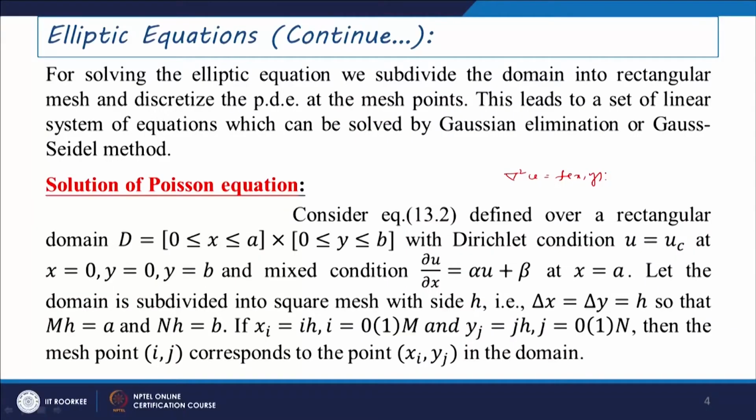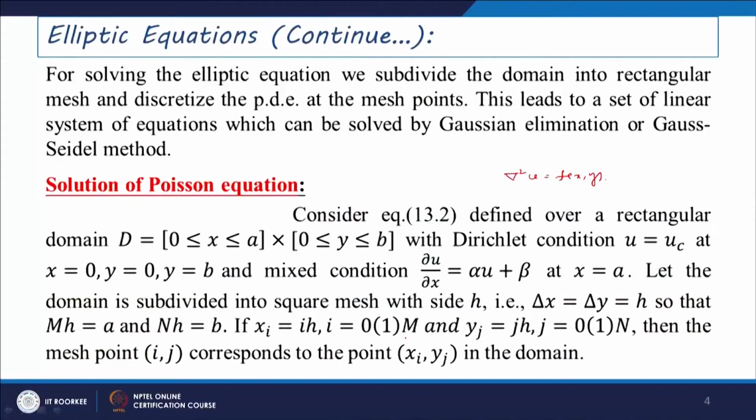Each of the independent grid points in the x axis is denoted as x i, which can be written as i h, where i varies from 0, 1, 2 up to m. So the points start from 0, incremented by 1, and move up to the point m. Similarly, y j can be denoted as j h, where j varies from 0 to n. Then the mesh point i j corresponds to the point x i y j in the domain.